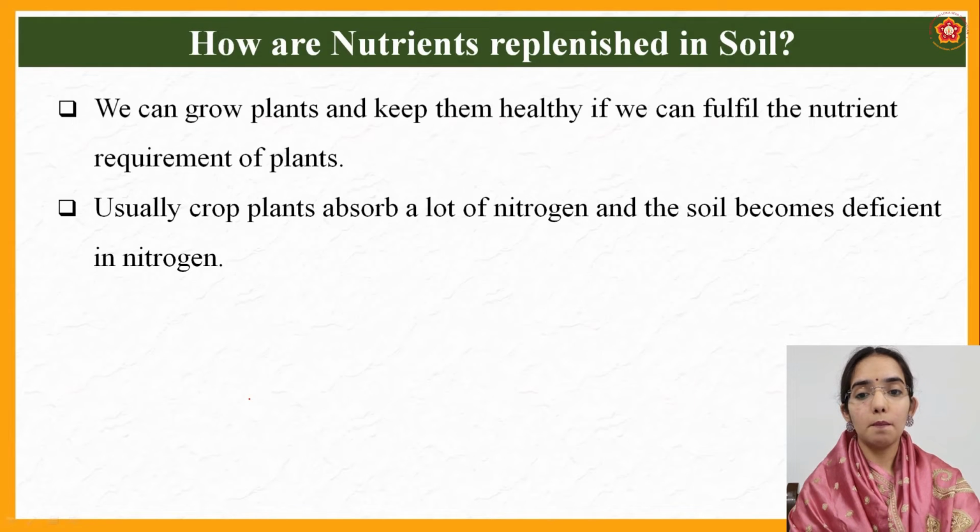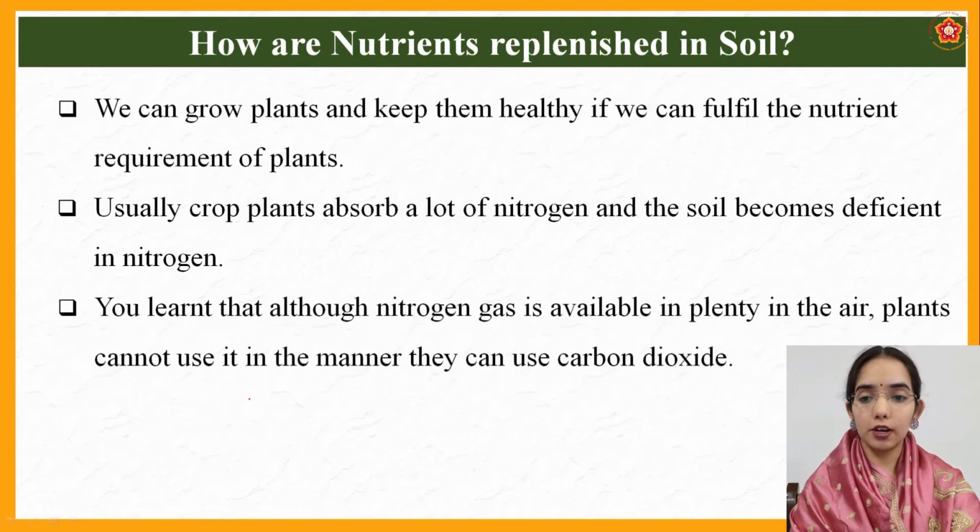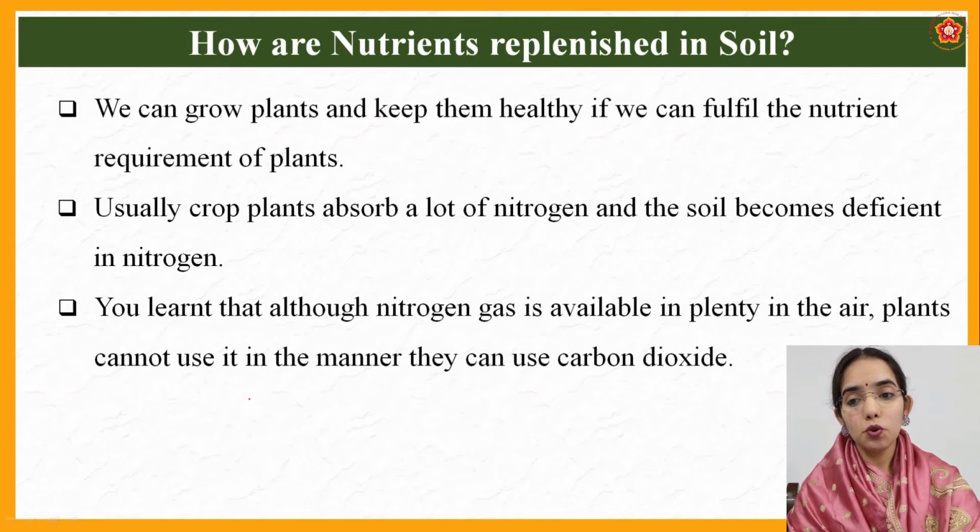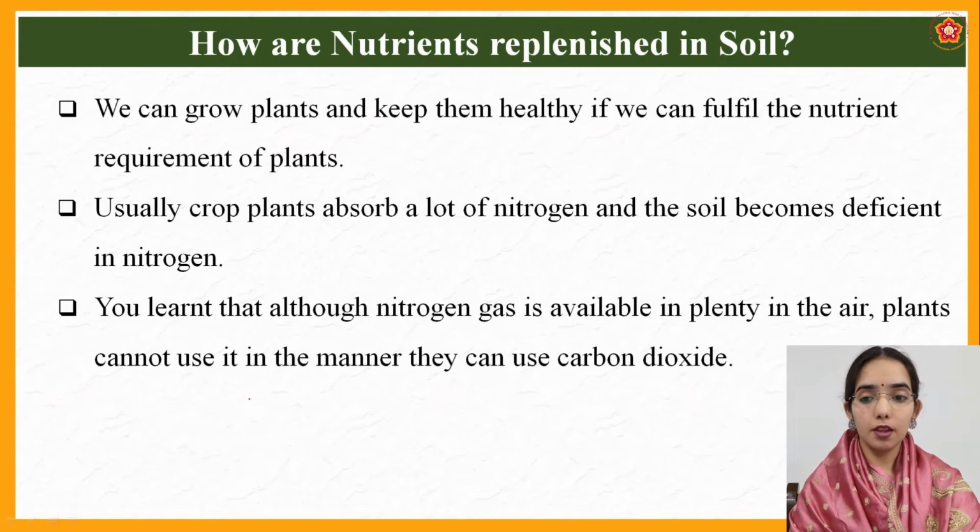Usually crop plants absorb a lot of nitrogen and the soil becomes deficient in nitrogen. So plants absorb a lot of nitrogen, and it is definite that the soil will soon become deficient of nitrogen. You learned that although nitrogen gas is available aplenty in air, plants cannot use it in the manner they can use carbon dioxide. We had studied that plants can absorb carbon dioxide through stomata.